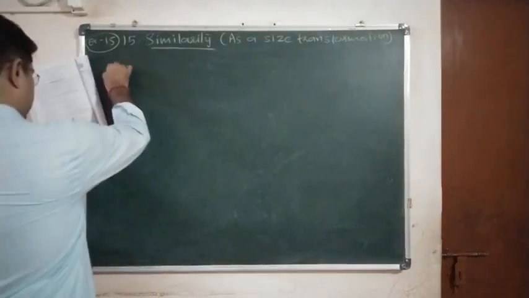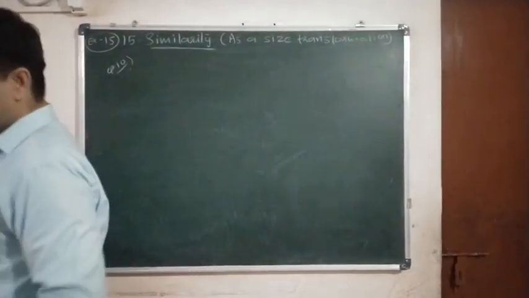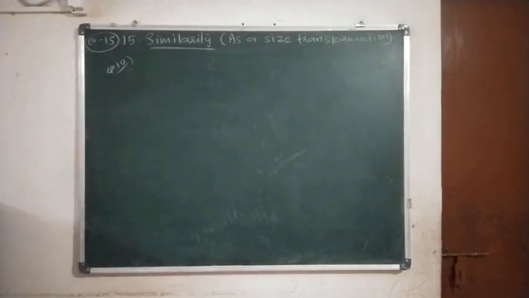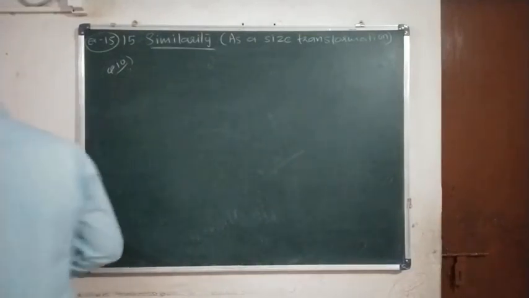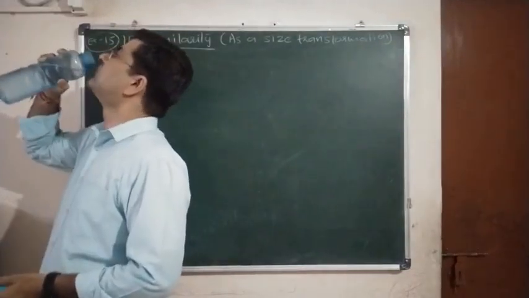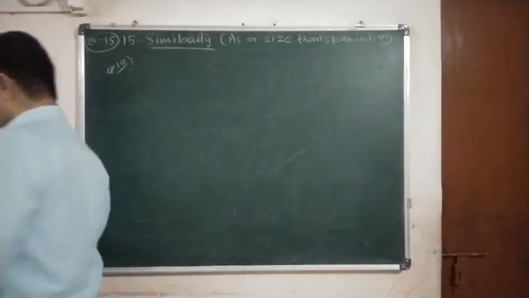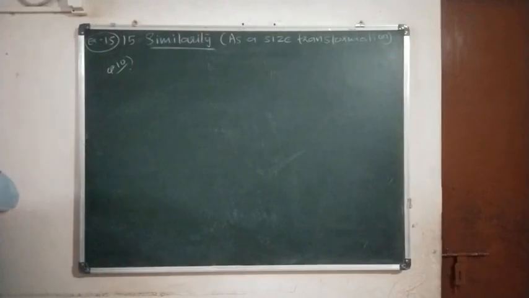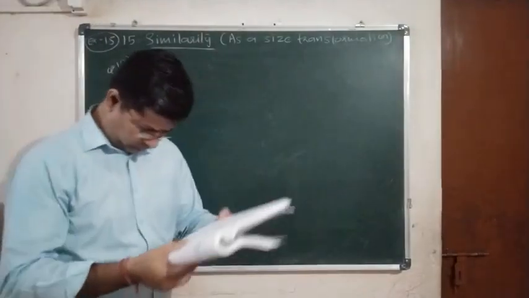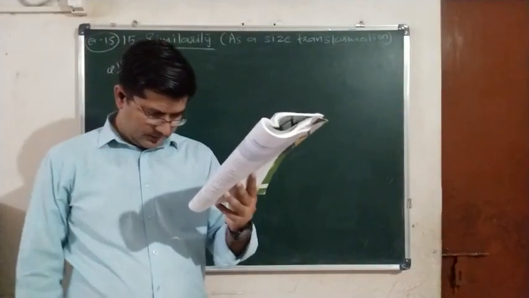Okay, now question number 10. Let us solve. Let us read the question. A model of ship is made of the scale 1:200.